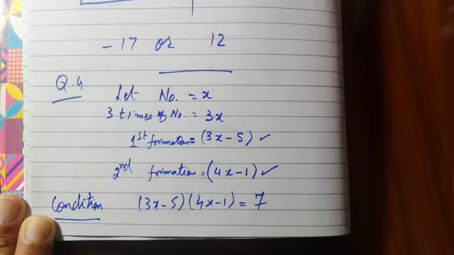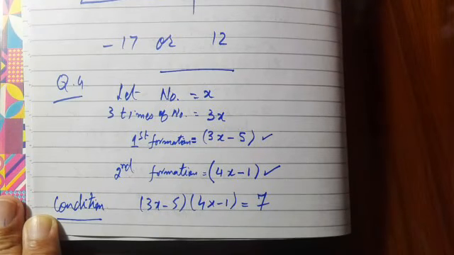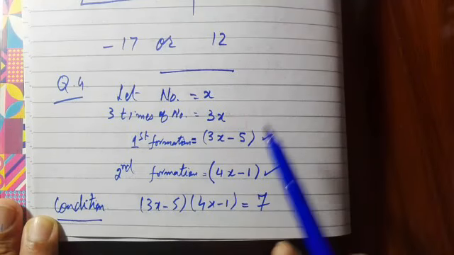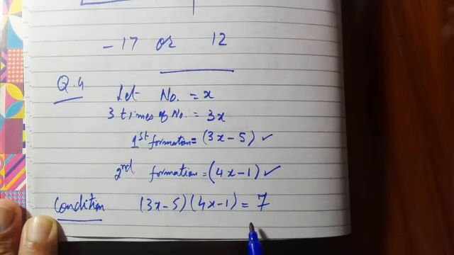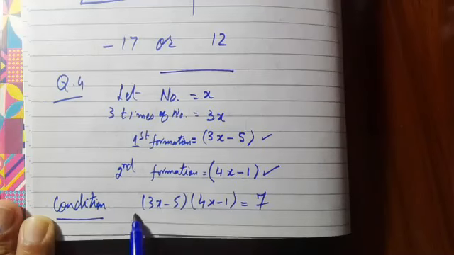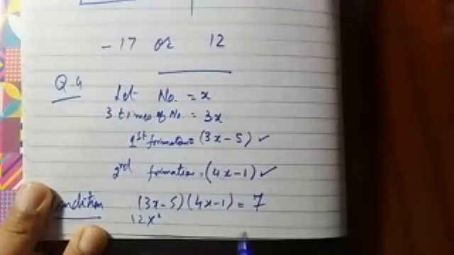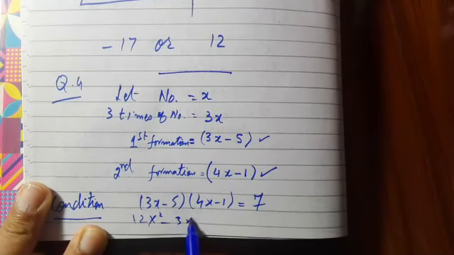Now once this has been done, after the formation of the equation, these two will be multiplied and then we will simplify it. So it will become 12x square minus 3x minus 20x plus 5, and minus 7 will be shifted to the other side.